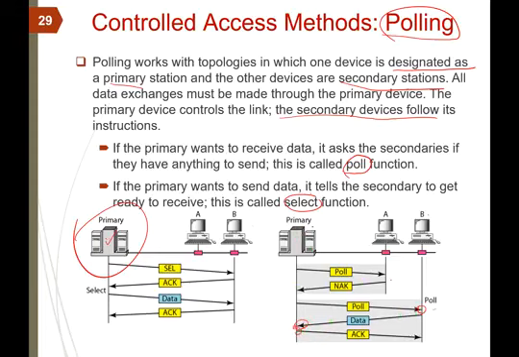Then the primary will send an acknowledgement to B to tell B that it received its data properly. This is the poll function.